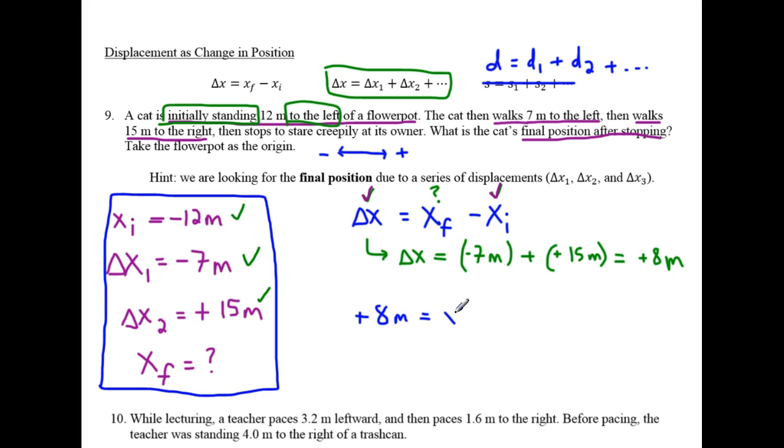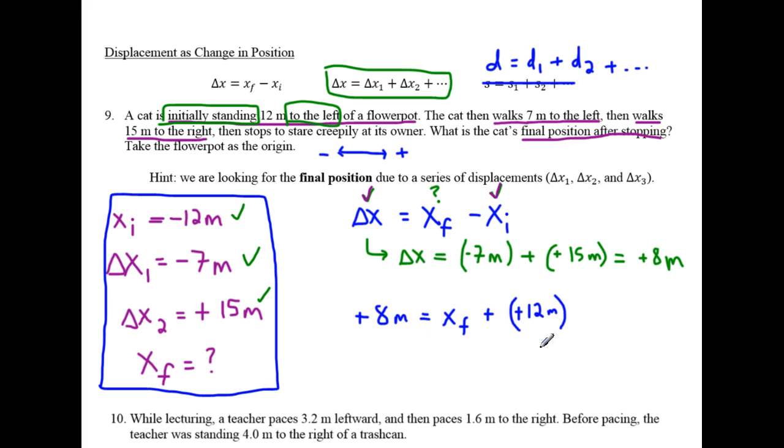X final was my unknown. And x initial, what am I plugging in for x initial right here? Let's see, I'm plugging in -12. That's what my chart says. -12 meters. When you subtract a negative, it becomes positive. So I just made those positive, right? So I want to isolate x final, x sub f.